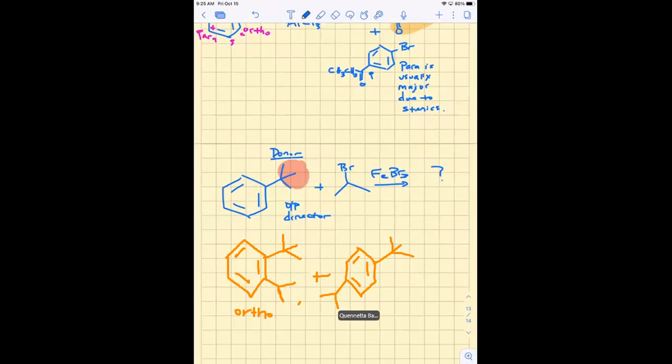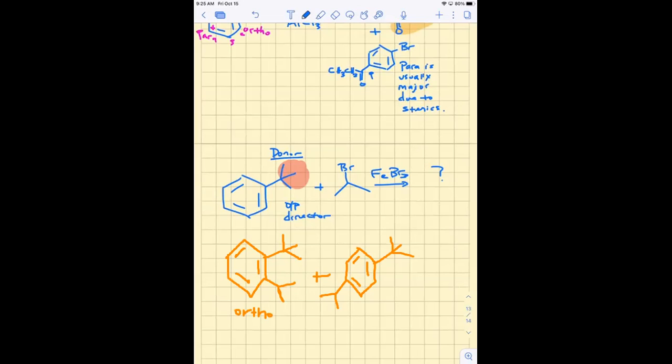Okay, great. Right, so the ortho product is basically 1,2 substituted, and then the para product is 1,4 substituted.